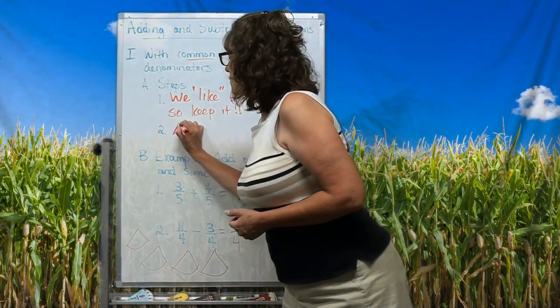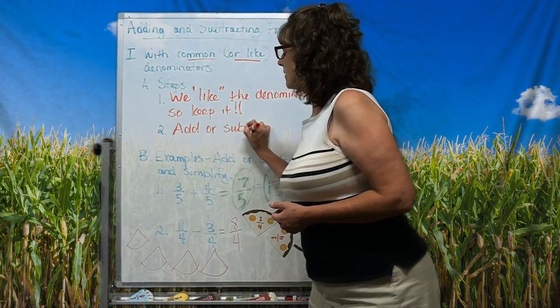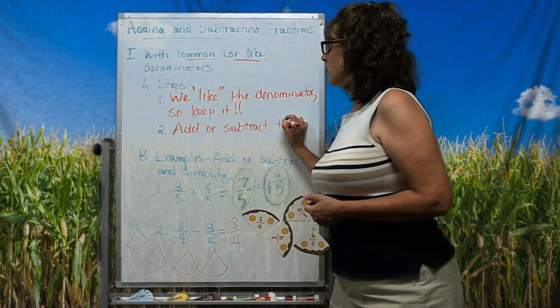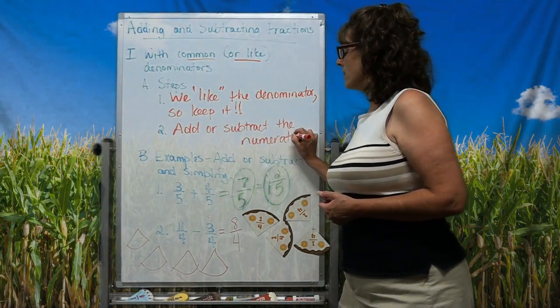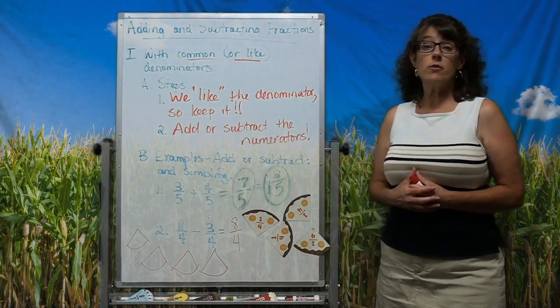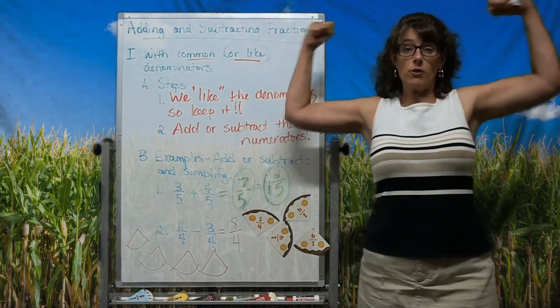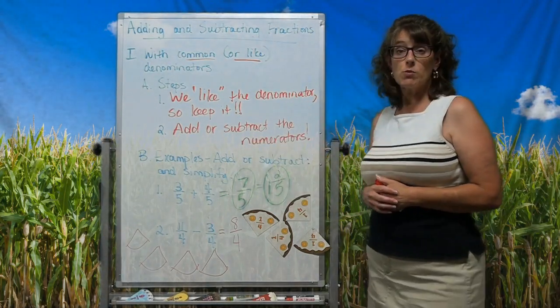And all we are going to do is add or subtract the numerators. And there you have it. To add and subtract when you have a common denominator, 2 steps. Keep the denominator, the superhero of fractions. Don't mess with it when it's alike. And just add or subtract those numerators.